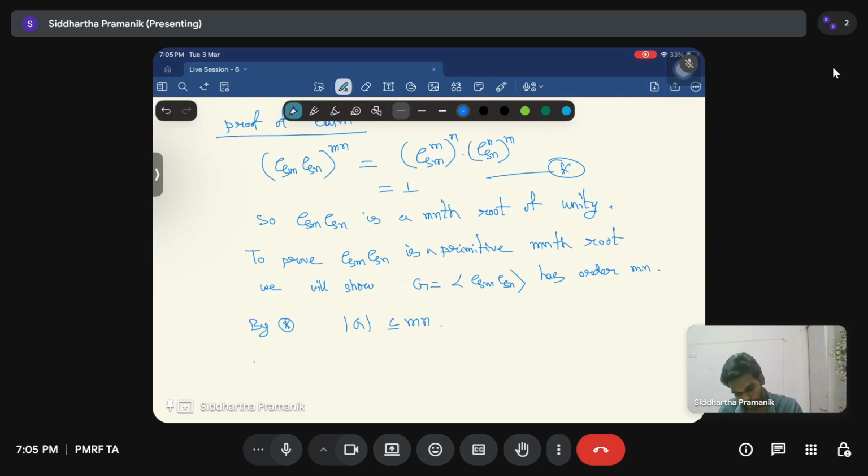So now, zeta m times zeta n whole power m is zeta n power m, right? And this is a primitive nth root.